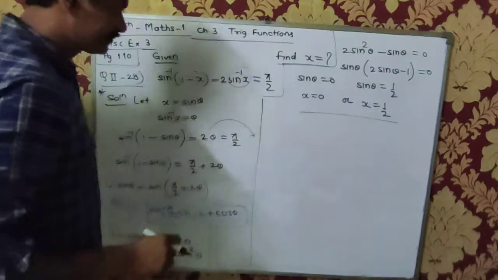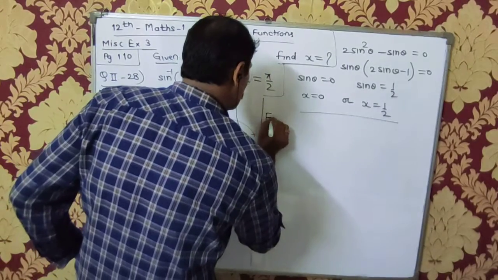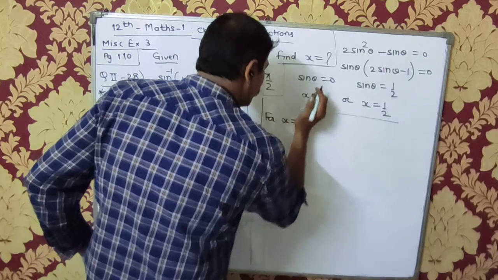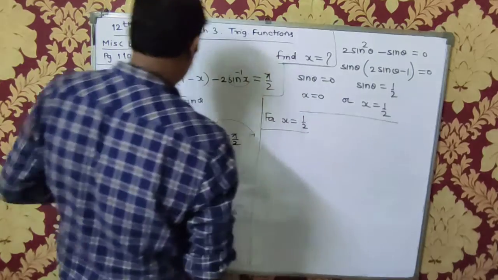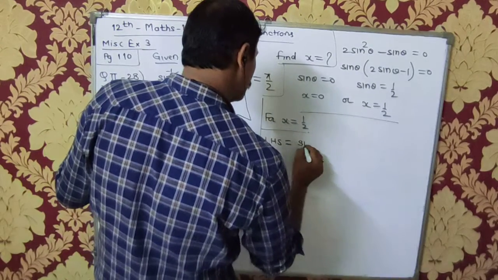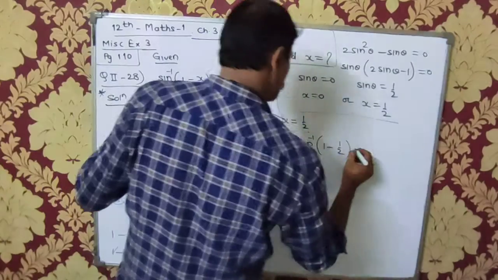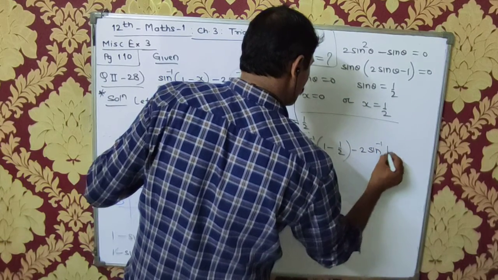Let us check this here. For x is equal to half, I check. What will be the LHS? Sin inverse of (1 minus half) minus 2 times sin inverse of half.